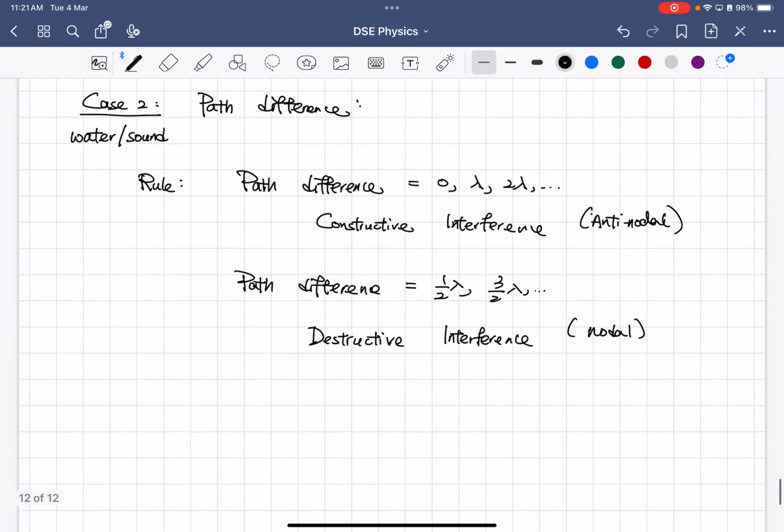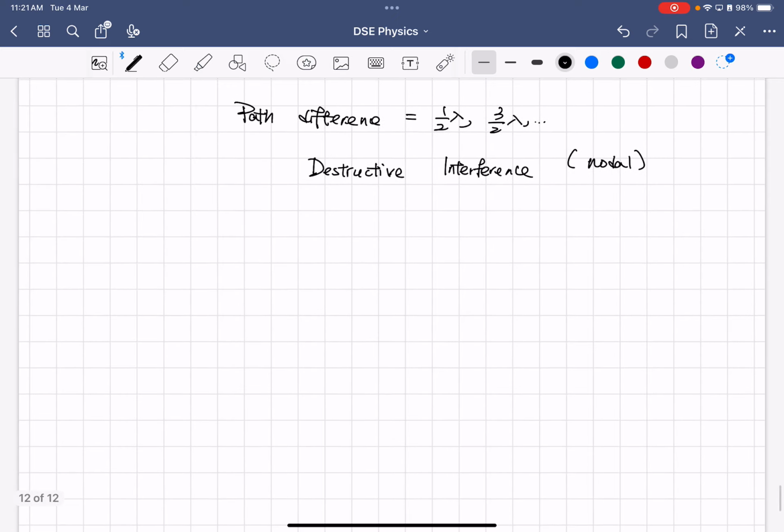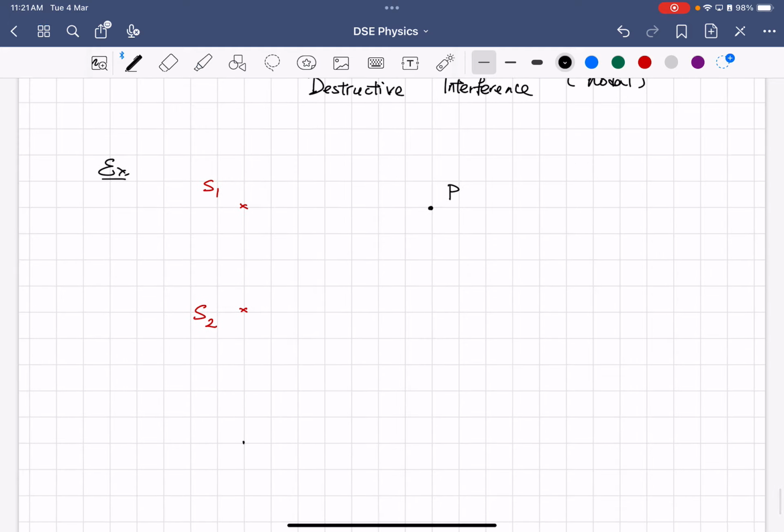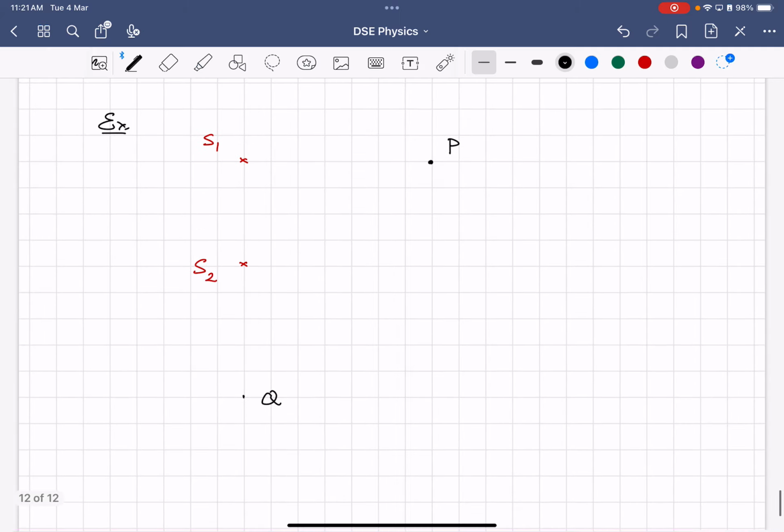Now, what are the possibilities they can ask? Well, one possibility is they give you two sources. Let's say this is S1, this is S2, and there is a point P here, and let's say a point Q here. Then I tell you that S1P equals 12 centimeter, S2P is equal to, let's say, 10 centimeter.